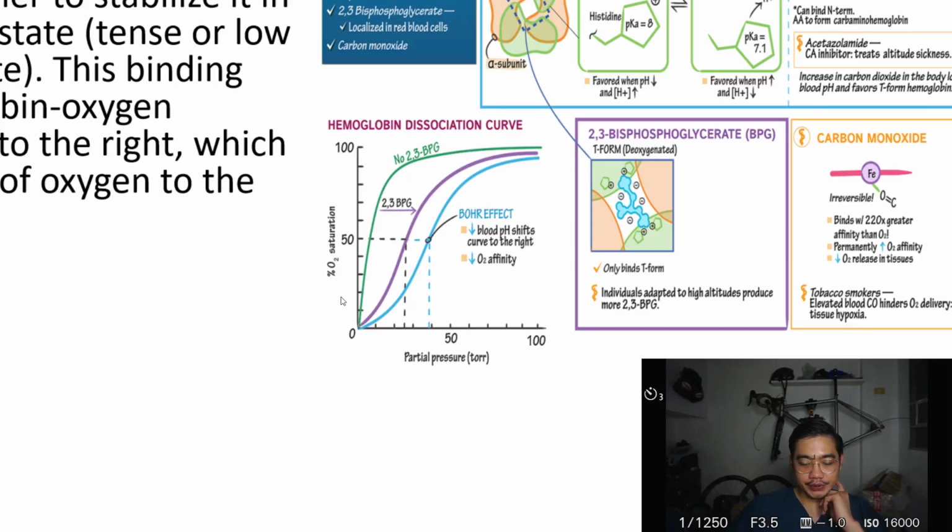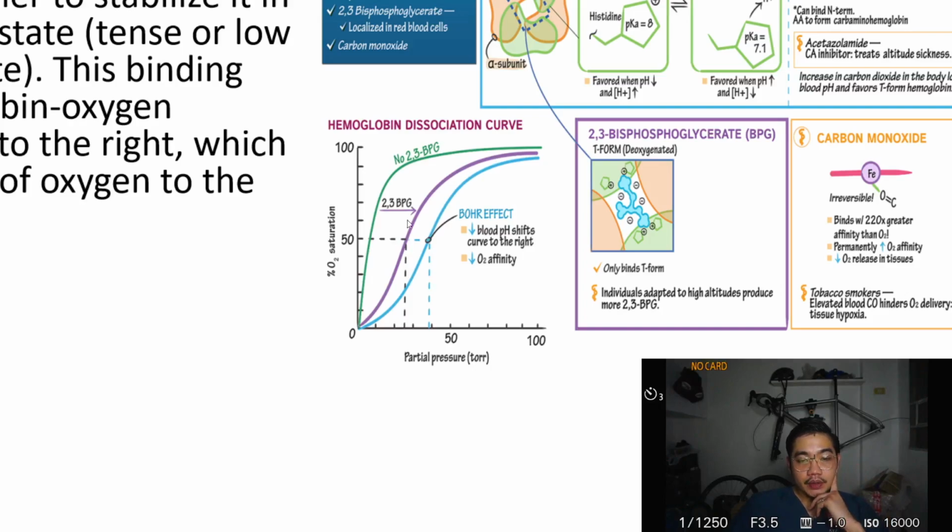So this is the pressure. So how many hemoglobins are holding on to oxygen. Your y-axis is the saturation and your x-axis is your partial pressure. So if you add 2,3-BPG, it will now shift to the right because your percent oxygen saturation decreases, no?